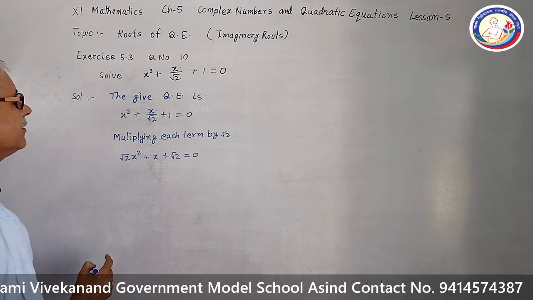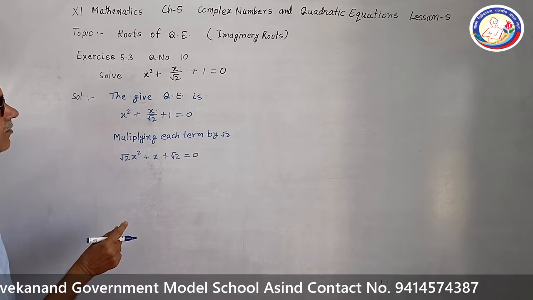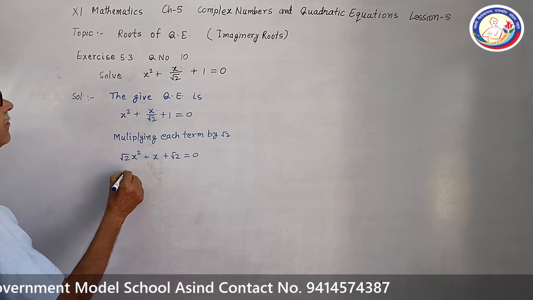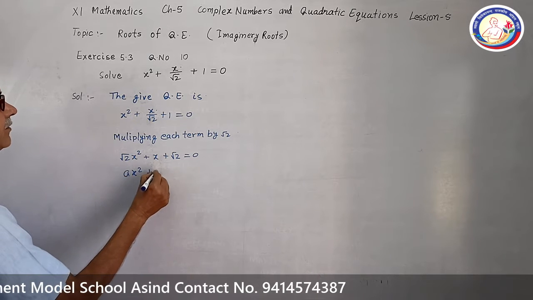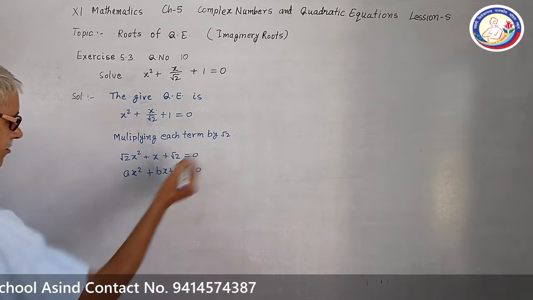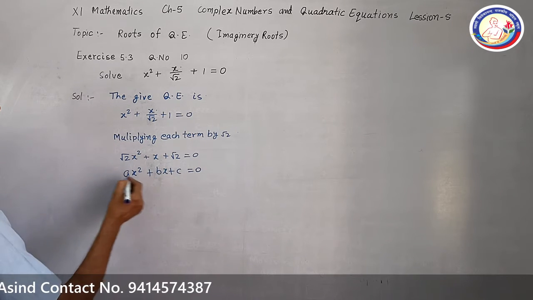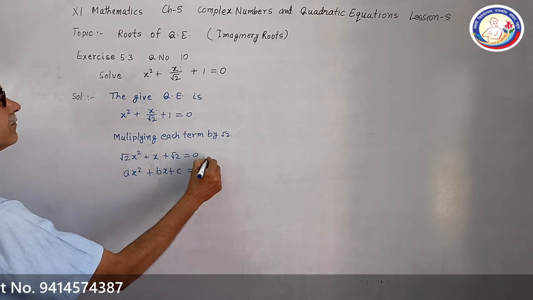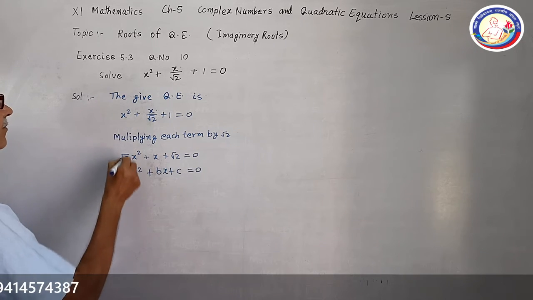Now compare this with the general form of a quadratic equation, ax square plus bx plus c equal to 0. Then what will be a?